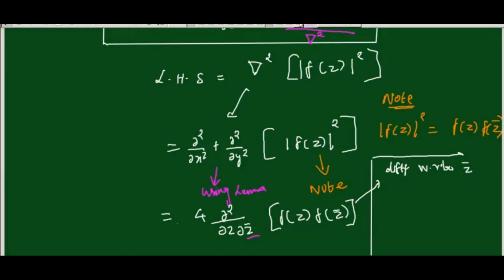What you will get is 4 times dou by dou z, f of z as it is, and the z bar differentiation gives f dash of z bar, because the differentiation of f of x is f dash of x.